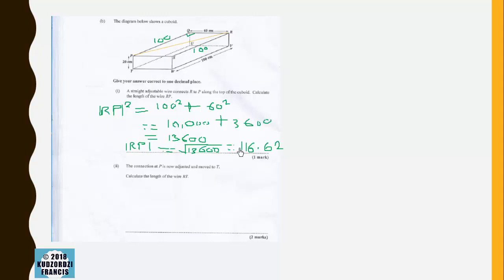So correct to 2 decimal places. Correct to 1 decimal place, you are going to get 116.6 centimeters.